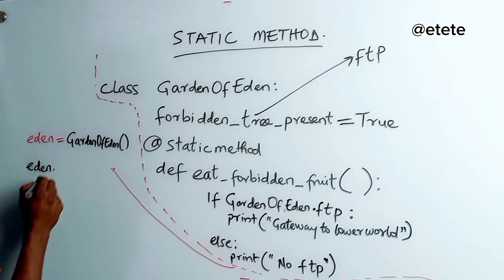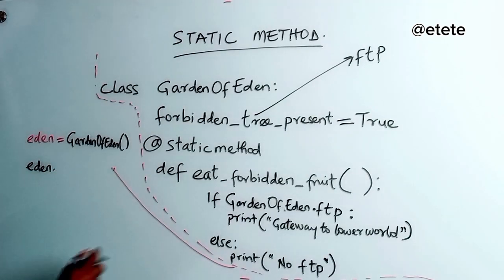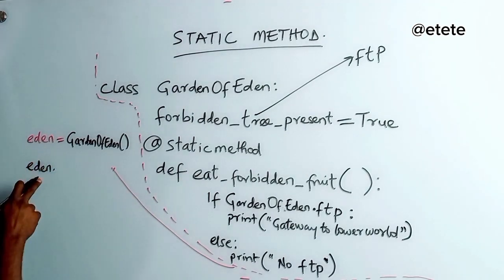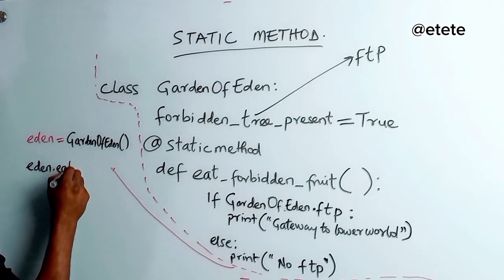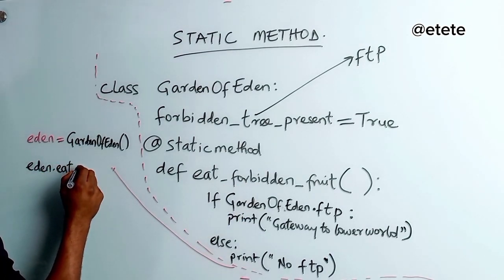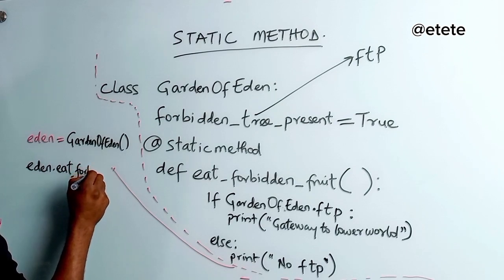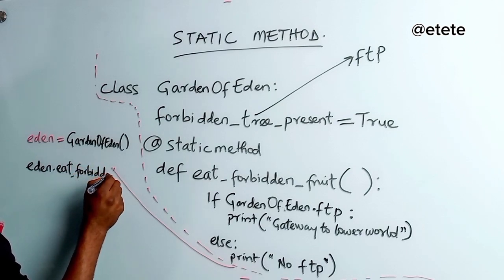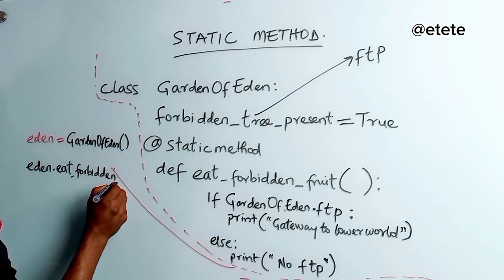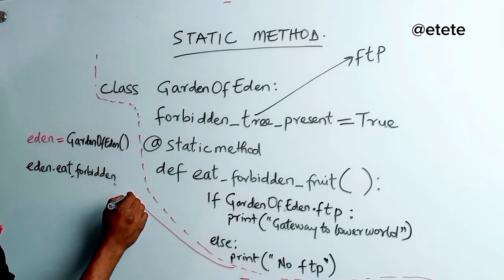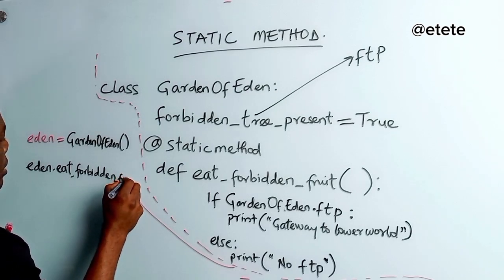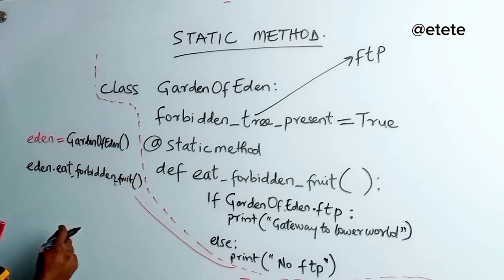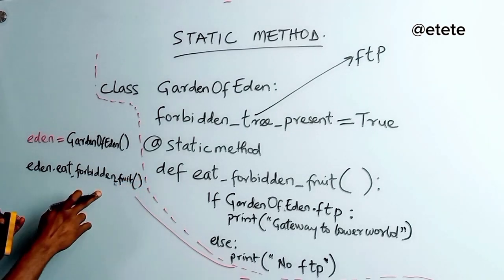So I'm going to use this object now to call this method, dot eat underscore forbidden underscore fruit. I don't know whether you are seeing this.